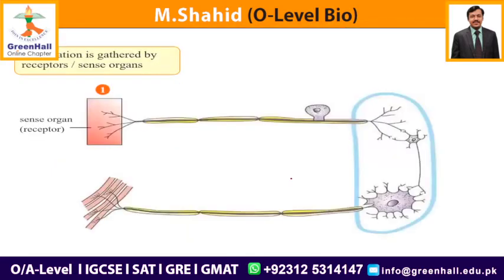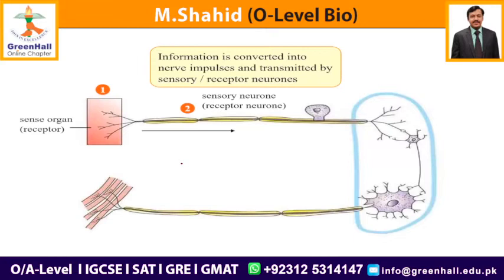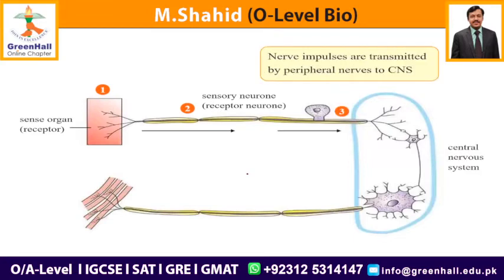Here the same loop has been explained: information is detected by the sense organs, by the receptors, and they generate a nerve impulse. That nerve impulse is carried to the CNS, and remember that the CNS is made up of relay neurons.